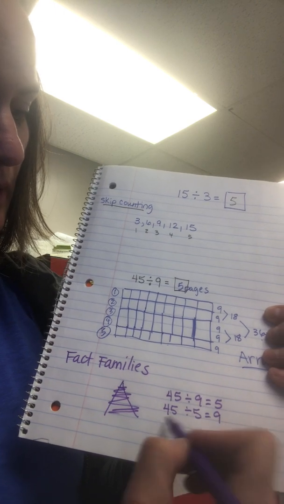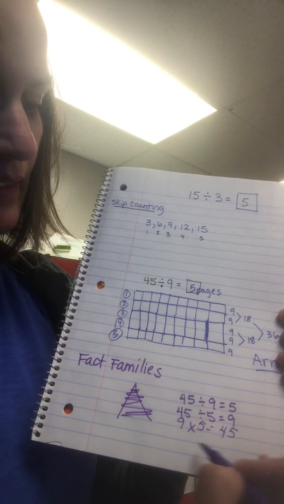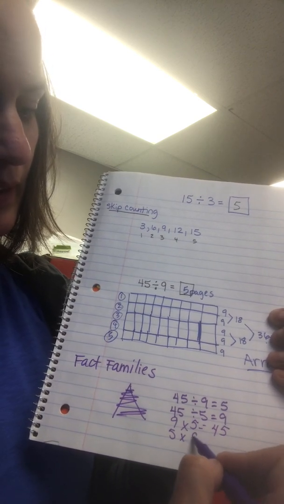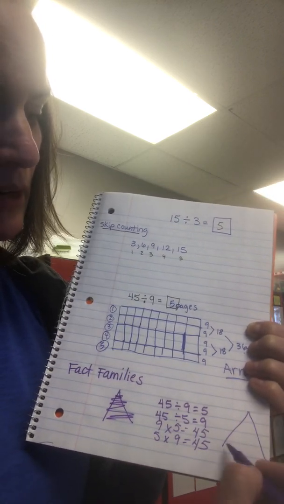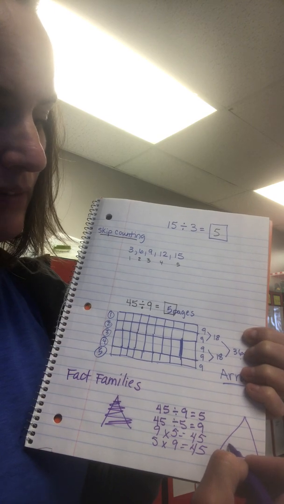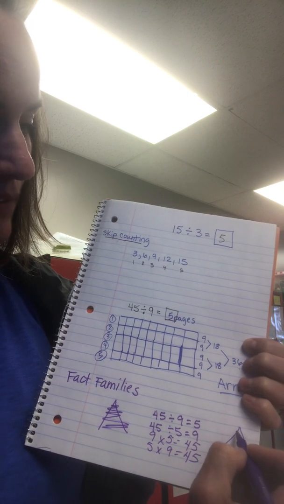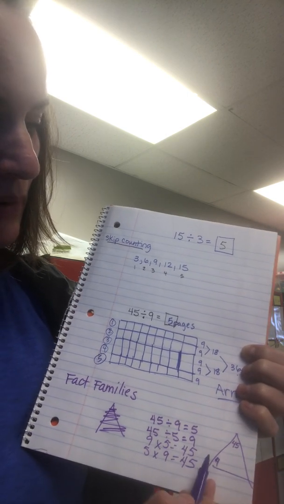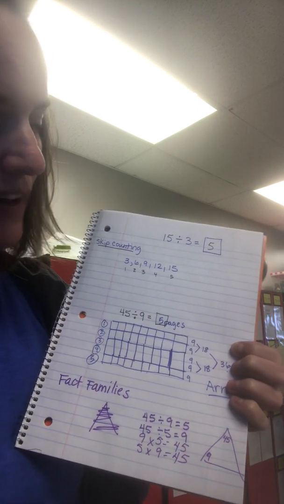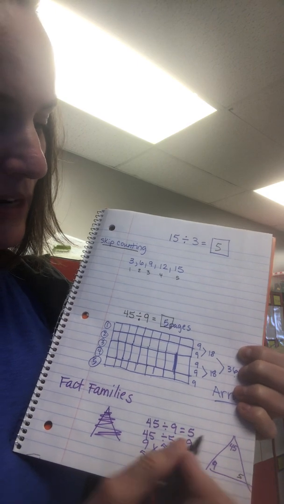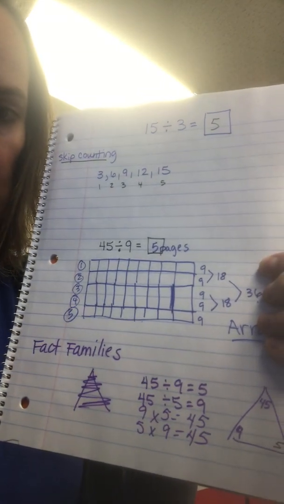Then we know 9 times 5 equals, and 5 times 9 equals. Remember the assignment with the triangle, today the numbers that we knew were 9 and 45. So if we know that 45 divided by 9 equals 5, then we know all of the fact family equations here to help us out.